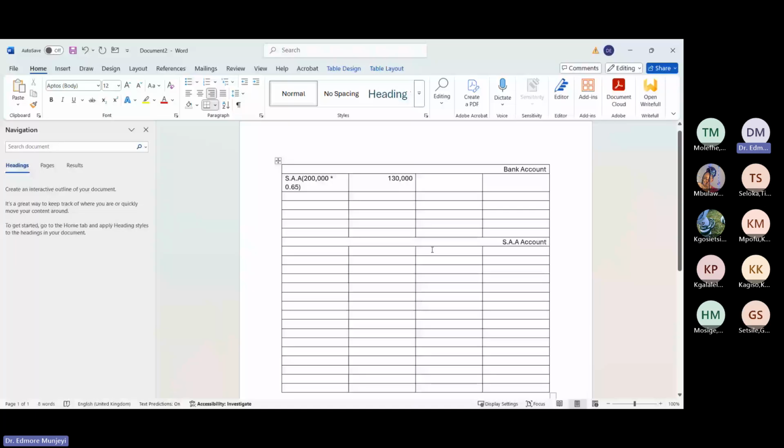We debited our 130,000 from the bank. So now we credit it, not debit. Bank, $130,000.